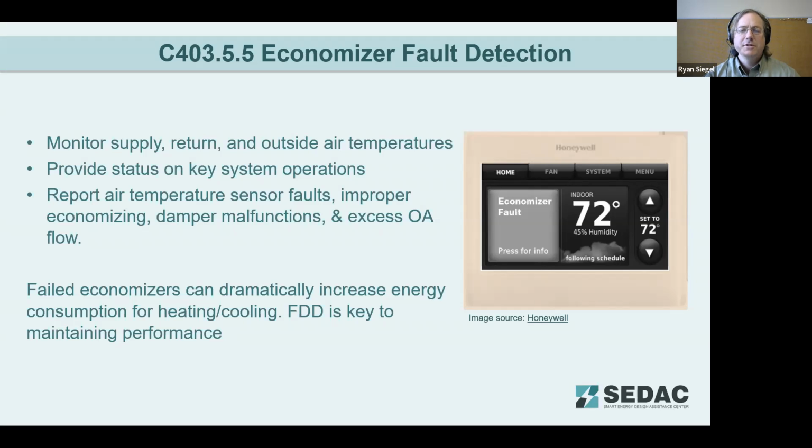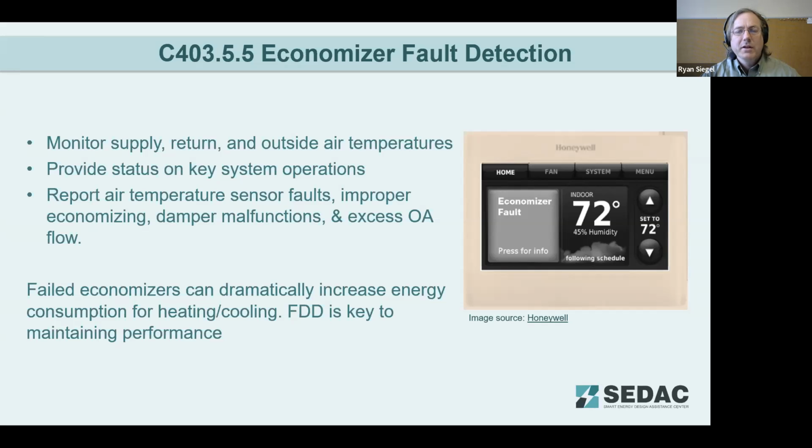Economizers can have a lot of good benefits when they're working well, but they also can be a substantial penalty when they are not working correctly. So part of this is wanting to make sure that if we do have a failure and something faults out, it lets people know. It says, hey, something is not right here. Can a technician go and troubleshoot this?